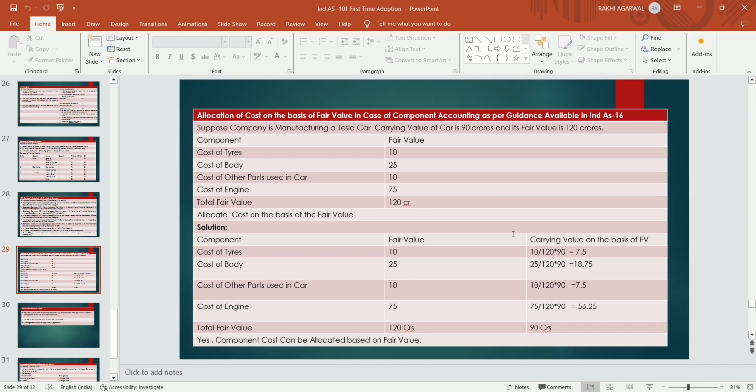Engine: fair value is 75 crores. Carrying value is 90 crores of the whole, and total fair value is 120 crores. So 75 divided by 120 into 90 is 56.25 crore. Total 90. Yes, component cost can be allocated based on fair value. It is allowed to allocate the cost on the basis of fair value.